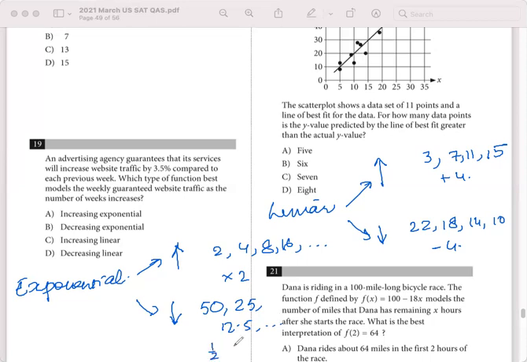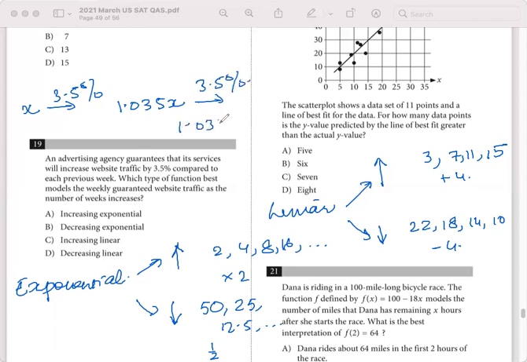So if I see that I started with X and I saw an increase of 3.5%, then next week it would be 1.035X, because X plus 3.5% of X. And then the week after that, another 3.5% increase.